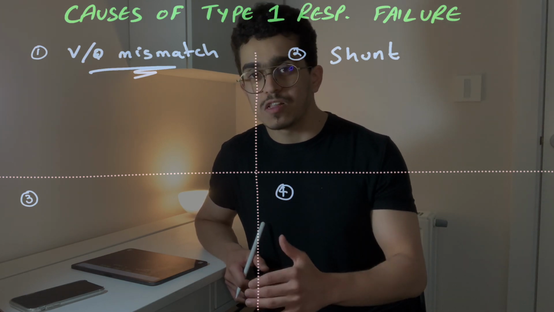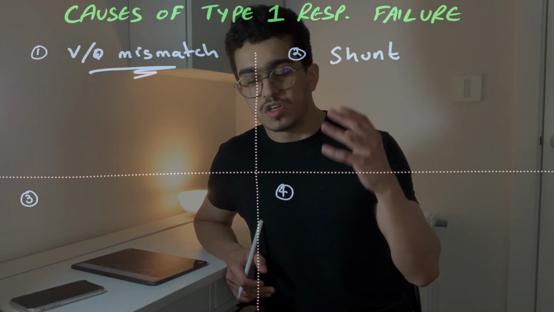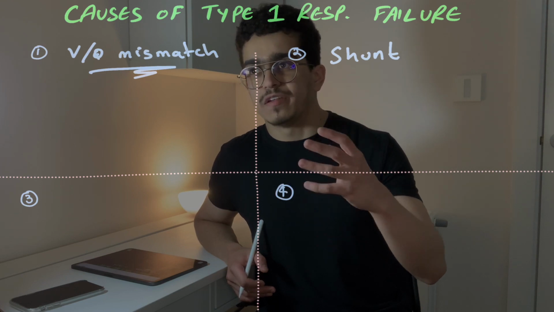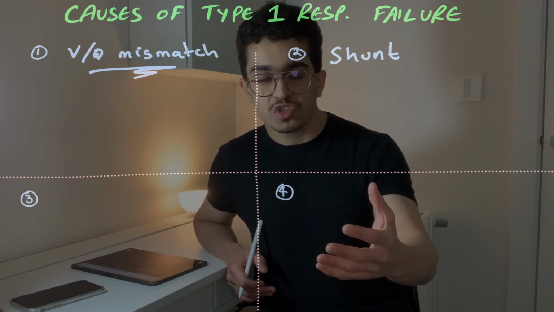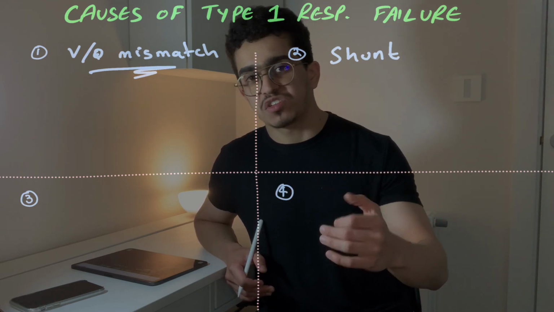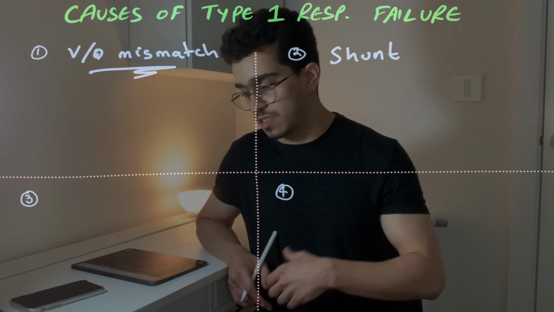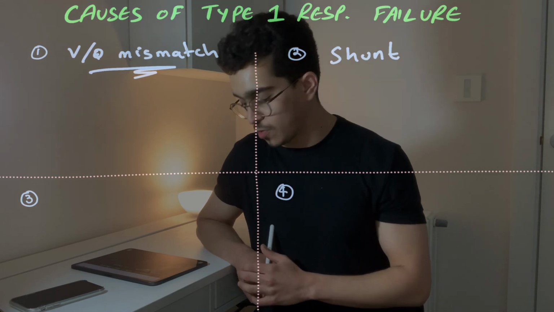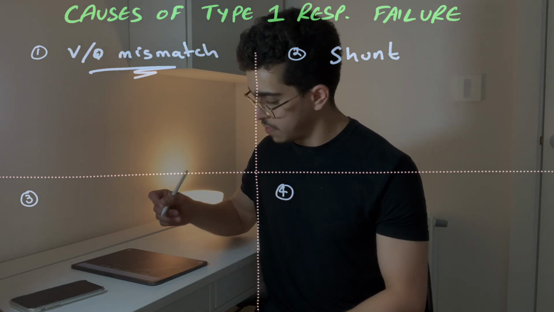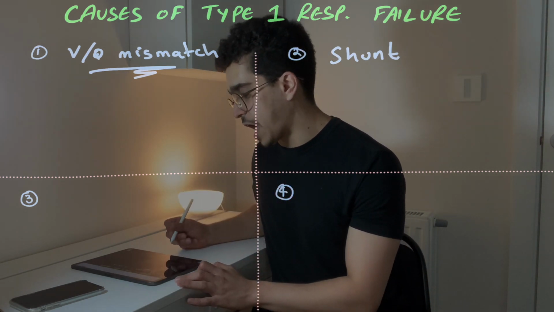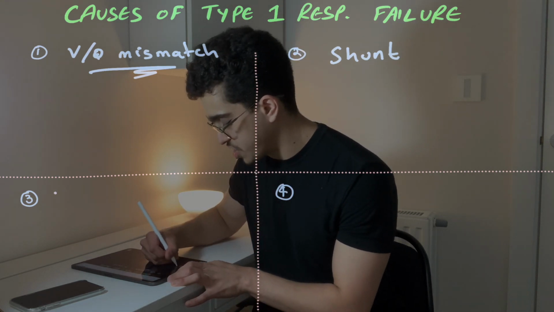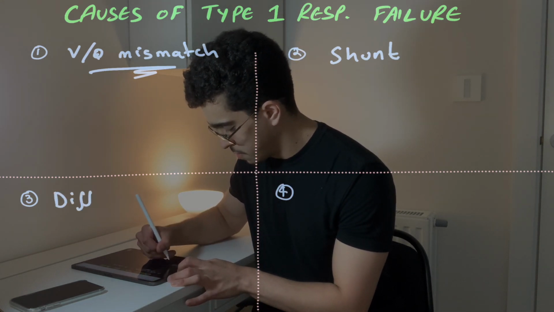As a result, oxygen has a hard time passing from the alveoli into the pulmonary capillaries, leading to hypoxia. So that's a shunt. The third thing that can happen is diffusion limitation, okay?